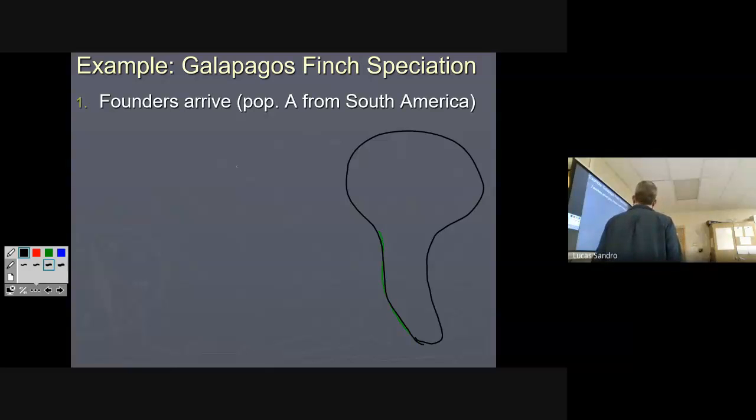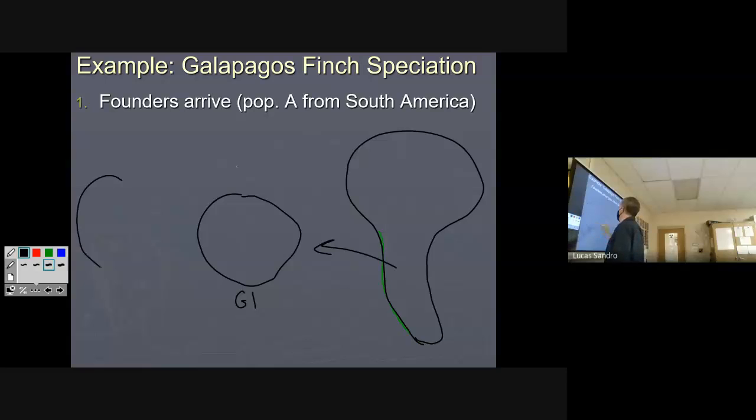And okay, so let's picture an ancestor species of finch getting caught in a hurricane or something and getting blown off course onto our first Galapagos island. We'll call that G1. This is island G2. And here's our cute little finch. Oh, this is going to get worse before it gets better. It's a finch.